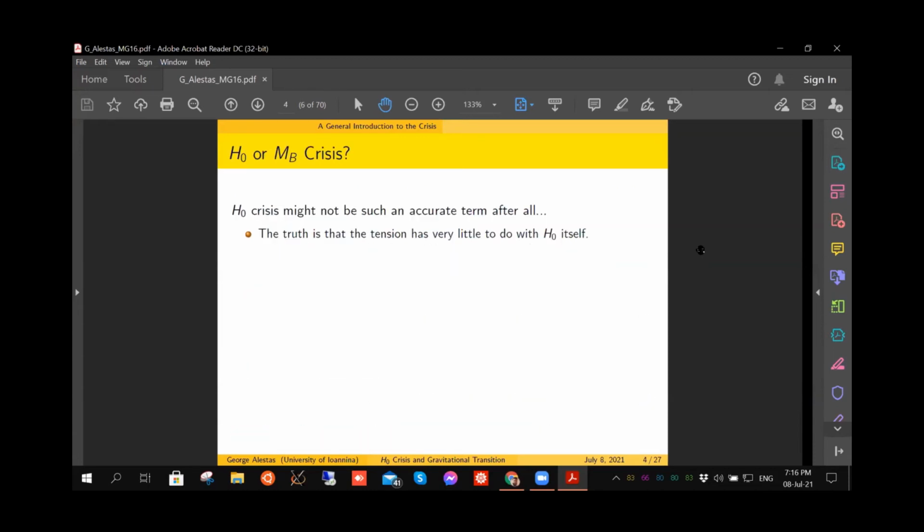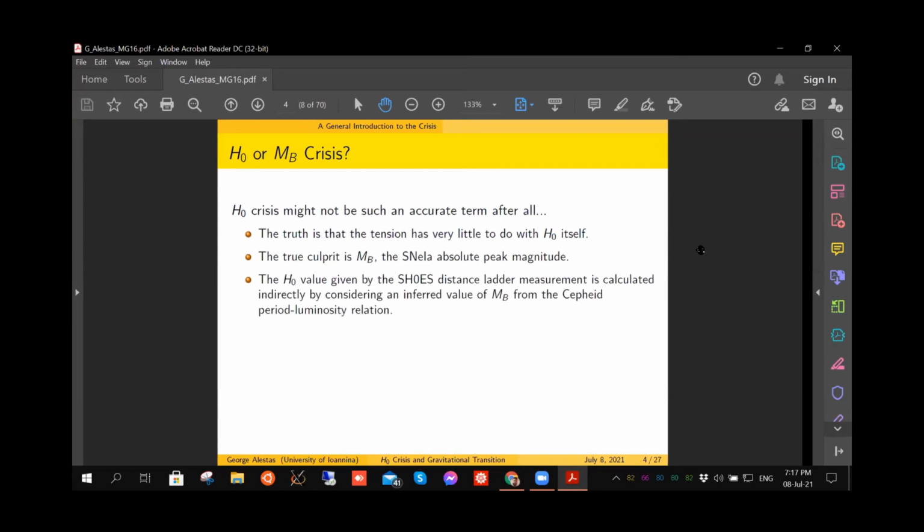I will skip the first slide, and let me just say that the H0 crisis might not be such an accurate term for describing this tension. The truth is that this tension has very little to do with H0 itself, and the main culprit for it is the supernova absolute peak magnitude.